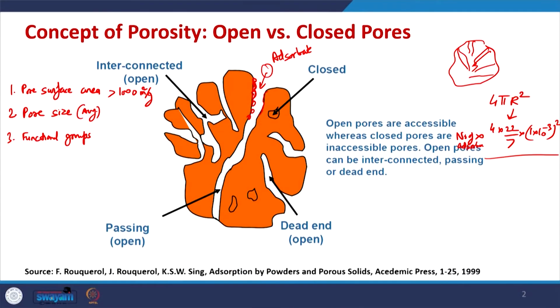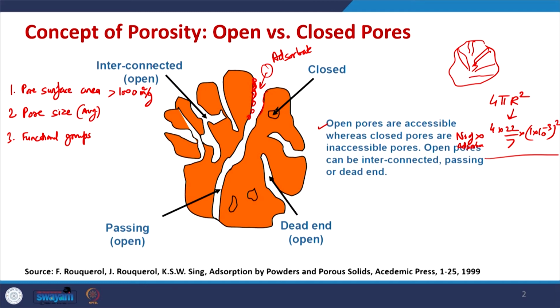Some of the pores may be open, some of the pores may be closed. So, there are different types of pores possible. We will study that more, but here we can see open pores are those which are accessible to the adsorbate, whereas the closed are those which are inaccessible. Open pores can be interconnected, they may have a passing connection also, they may be totally blocked also, they may be dead end.